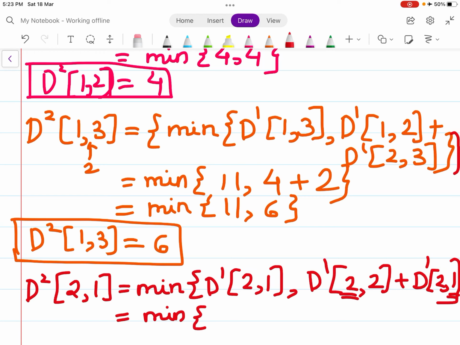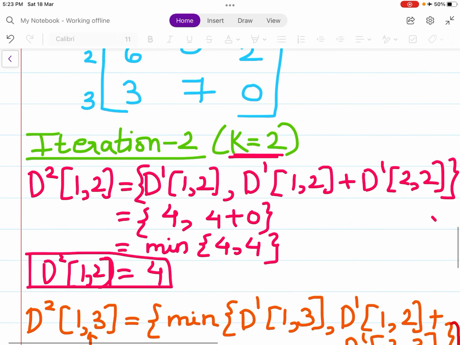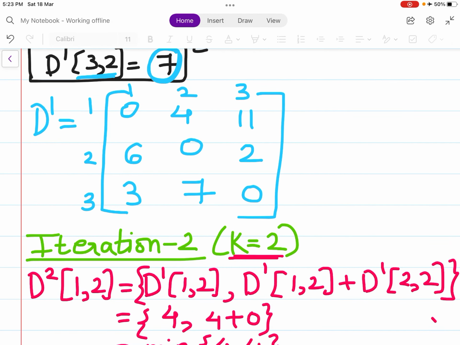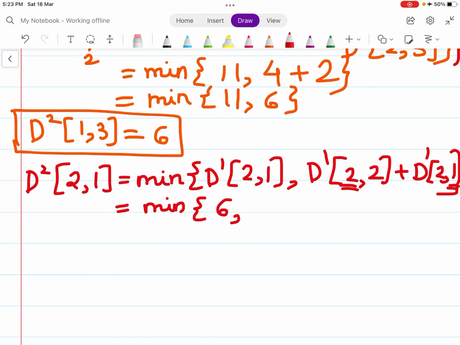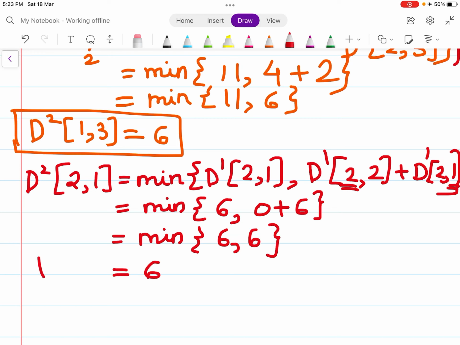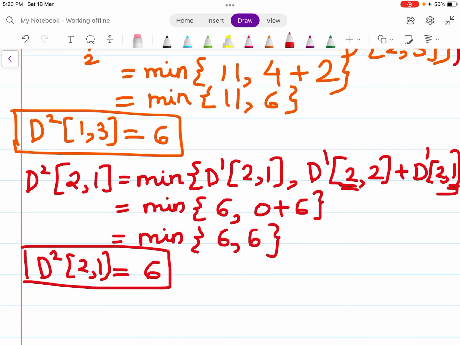So the minimum of 2,1, which is 6, and 0 plus 6. So the minimum of 6 and 6 is 6. 6 is the minimum for d2 of 2,1.